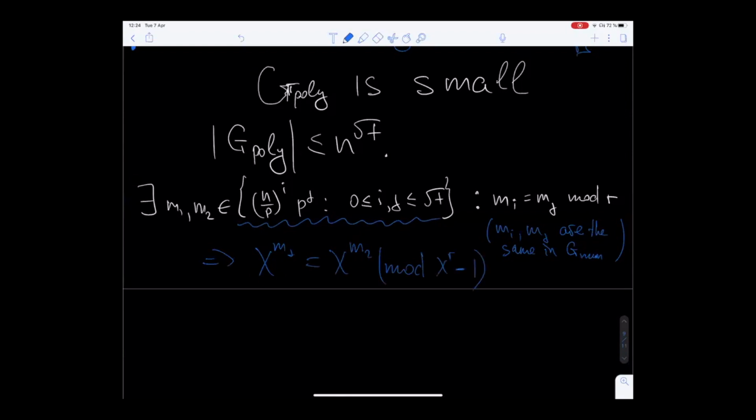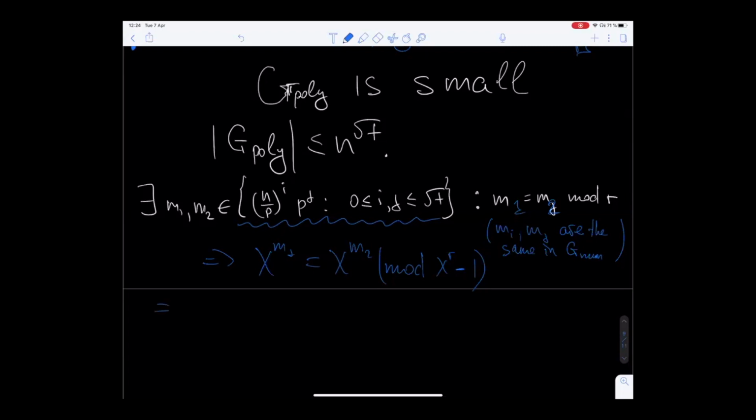Just because m1 and m2 are the same modulo r, we have this property, right? Because when we take modulo x to the r minus 1, it's just as if we would look at the residues of the powers modulo r.